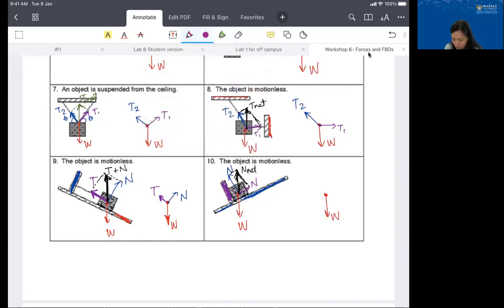I have this normal force that's just a little bit shorter compared to this normal force, like so. All right. Okay. Hope that's making sense so far.